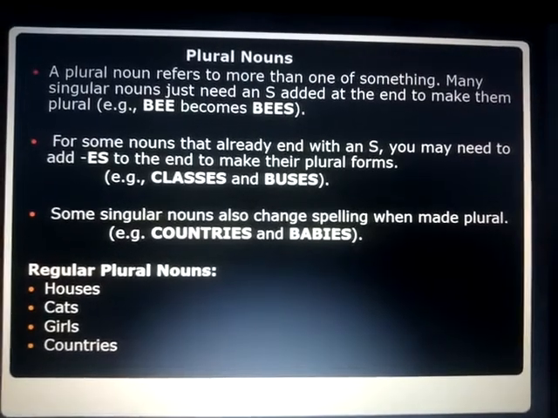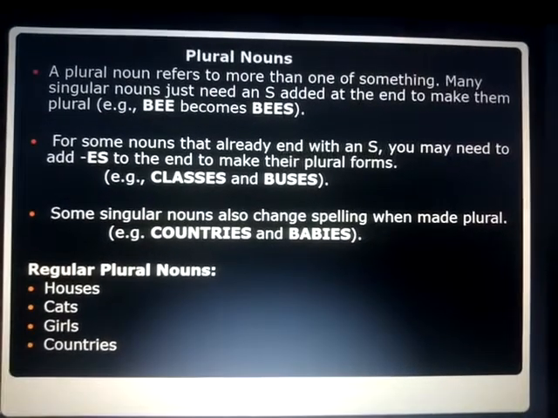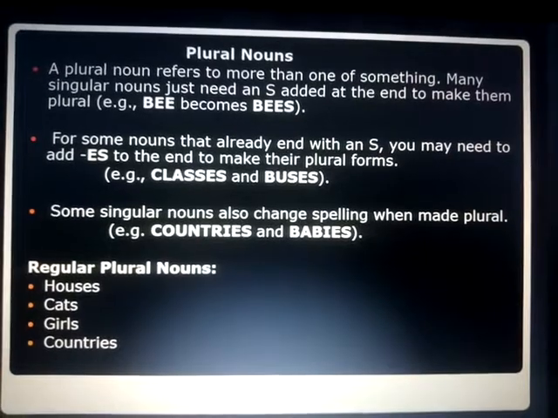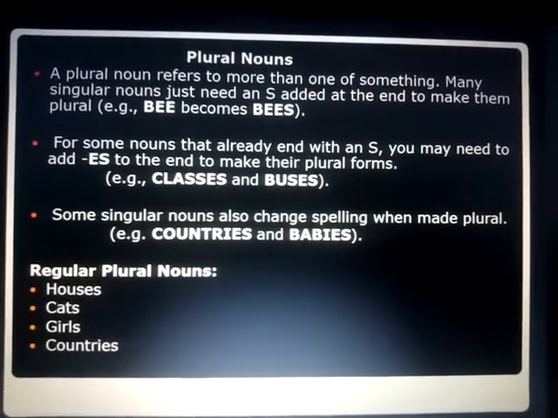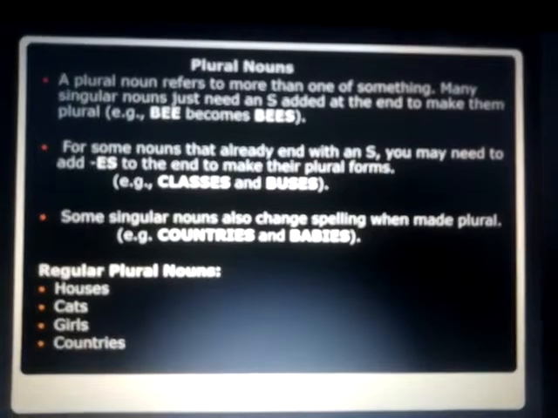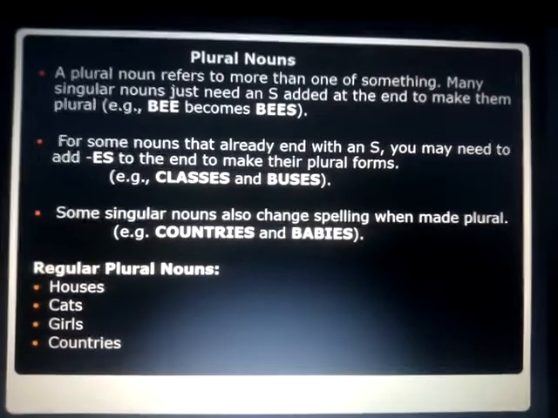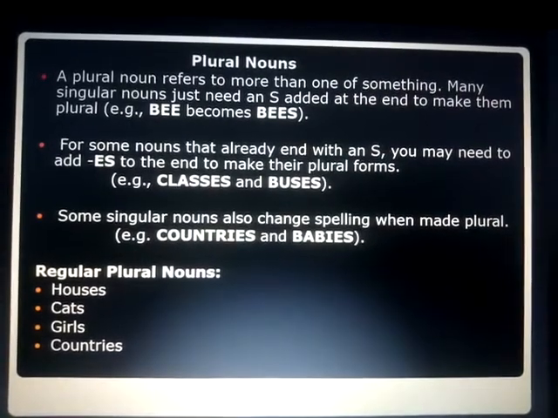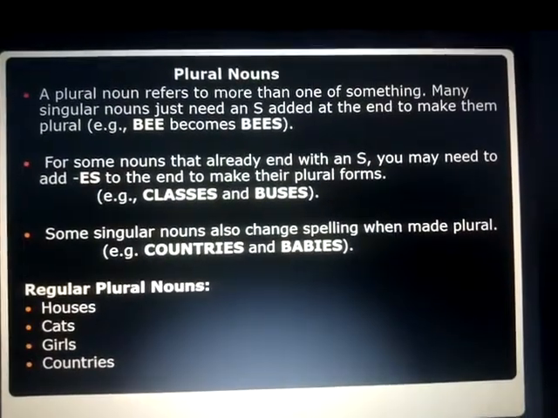We see country changes to countries. Baby changes to babies. Regular plural nouns are houses, cats, girls, countries.